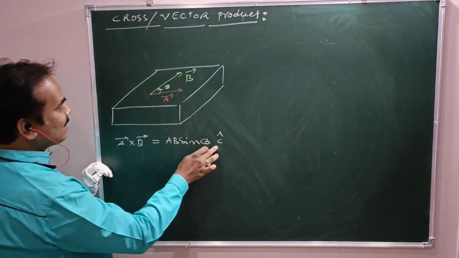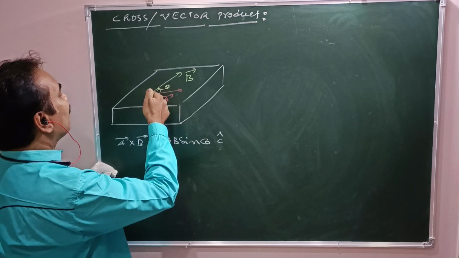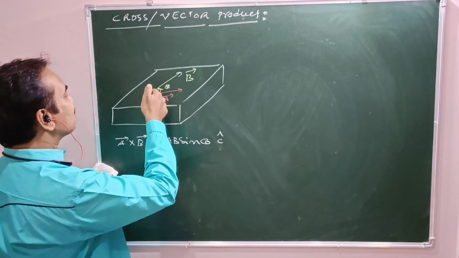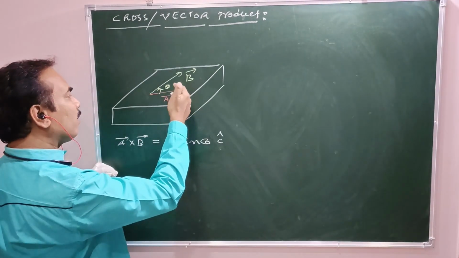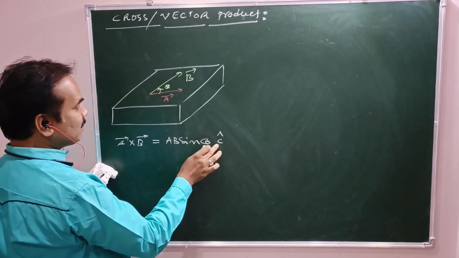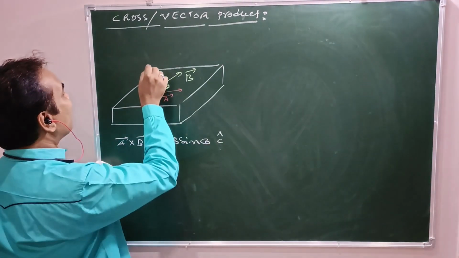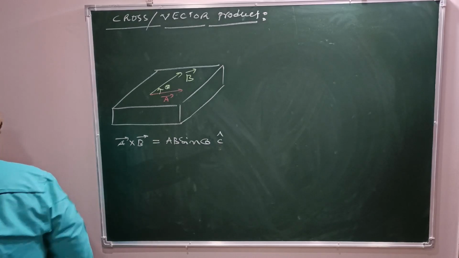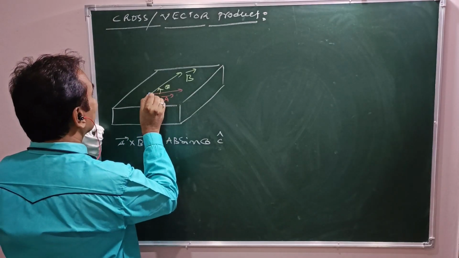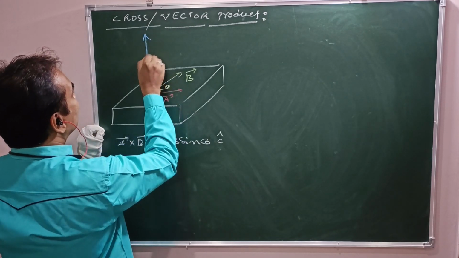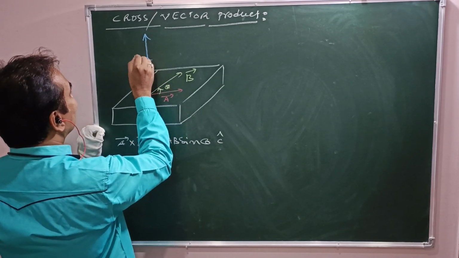For the time being I am writing C cap. What is the direction of C cap? In case of A bar cross B bar, definitely the direction of C cap is normal to A bar and B bar, also normal to the plane. Now I am taking the direction of C cap along this way. See, this is the direction of C cap.